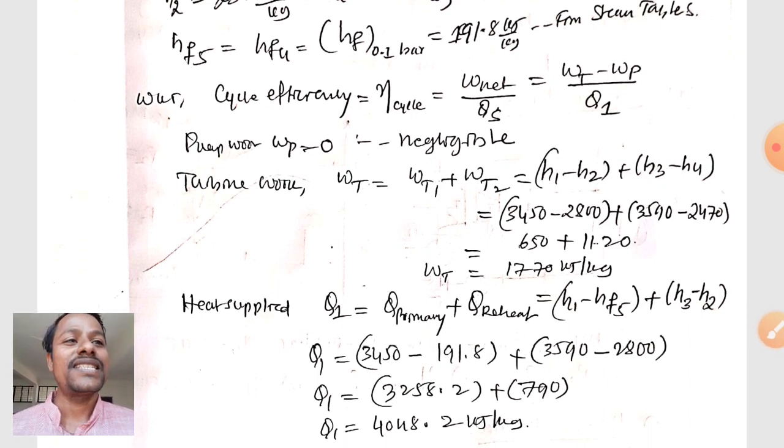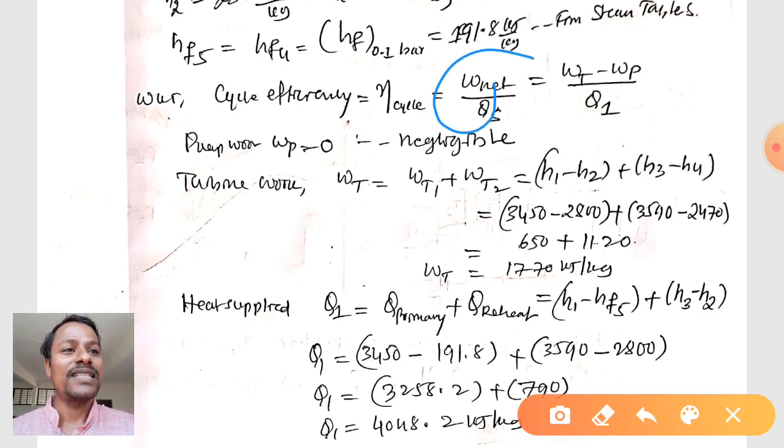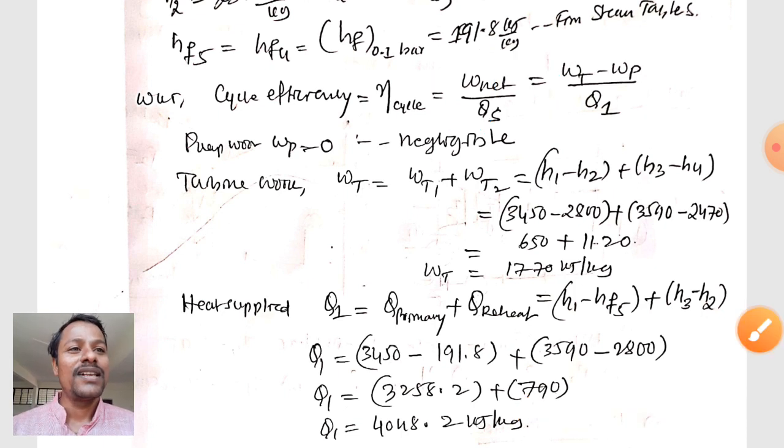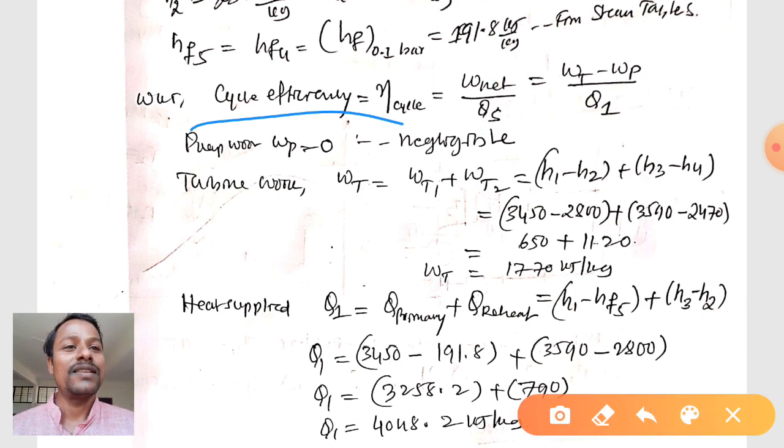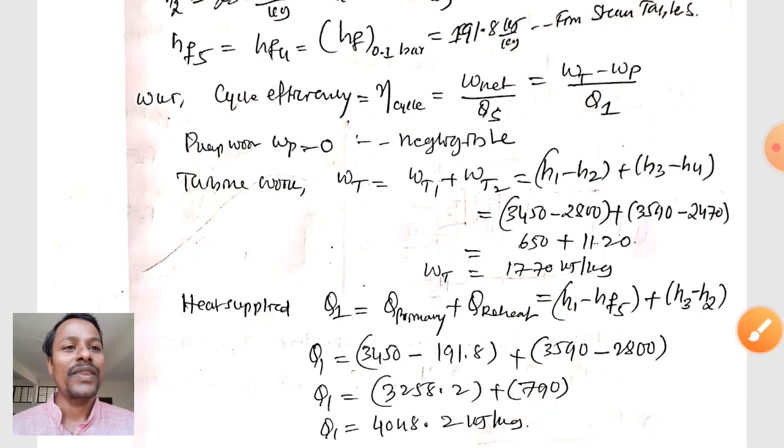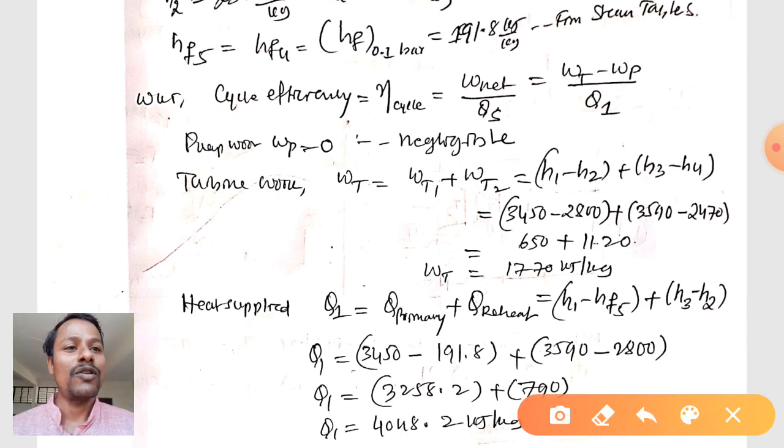So the cycle efficiency, we know that it is the net work upon heat supplied, so that is turbine work minus pump work upon Q1. So WP is negligible, so I will let it as 0. Then turbine work is the sum of the two stages involved.